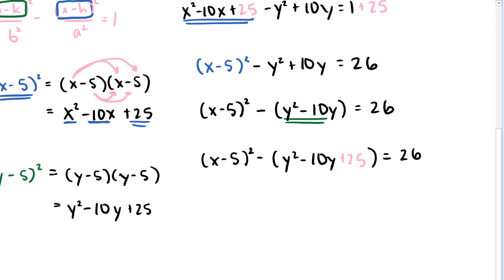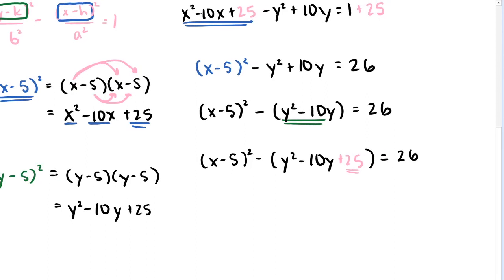Now I can't just add 25 into the parentheses on this left side of the equation for free, right? We can't change the left side of the equation without changing the right side the same way. And this is a part where it gets a little confusing. So I added 25 here, but really on this left-hand side, if I look at the big picture, this 25 that I've added in here, it really would come out negative, right?